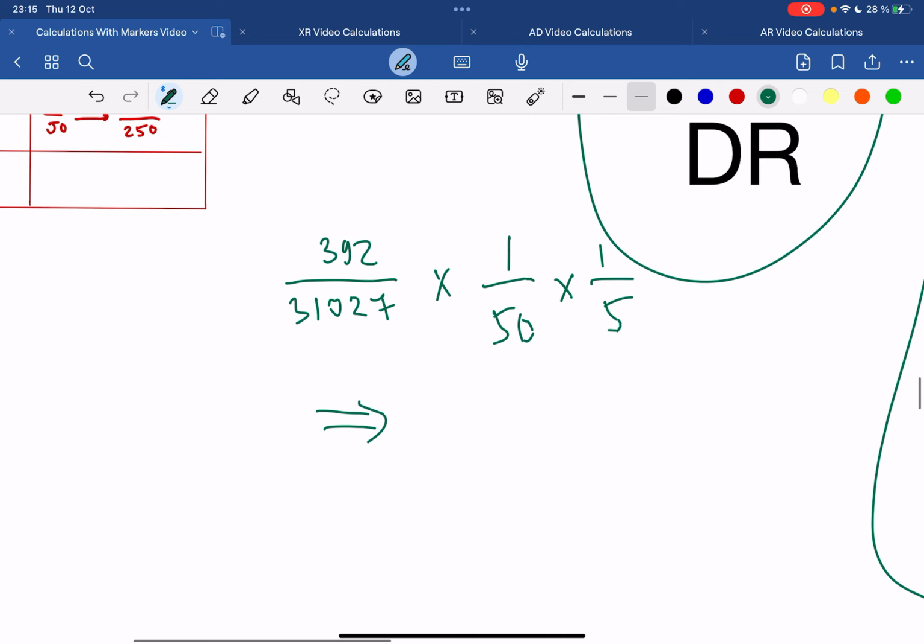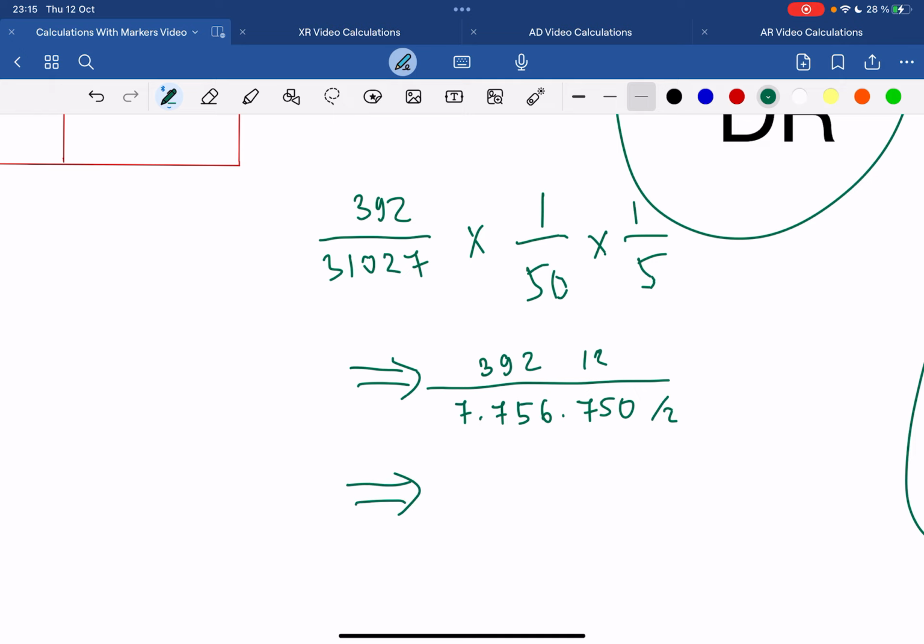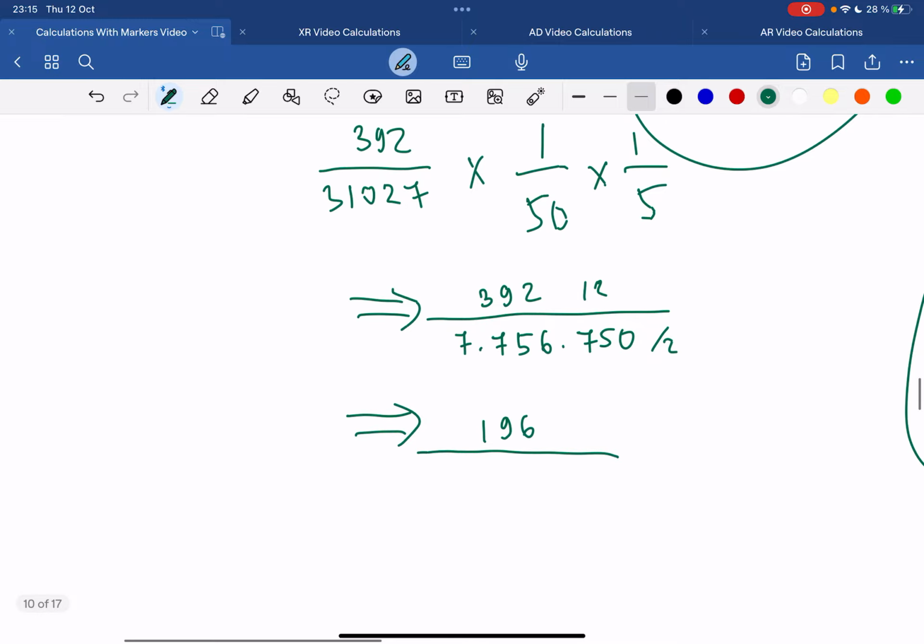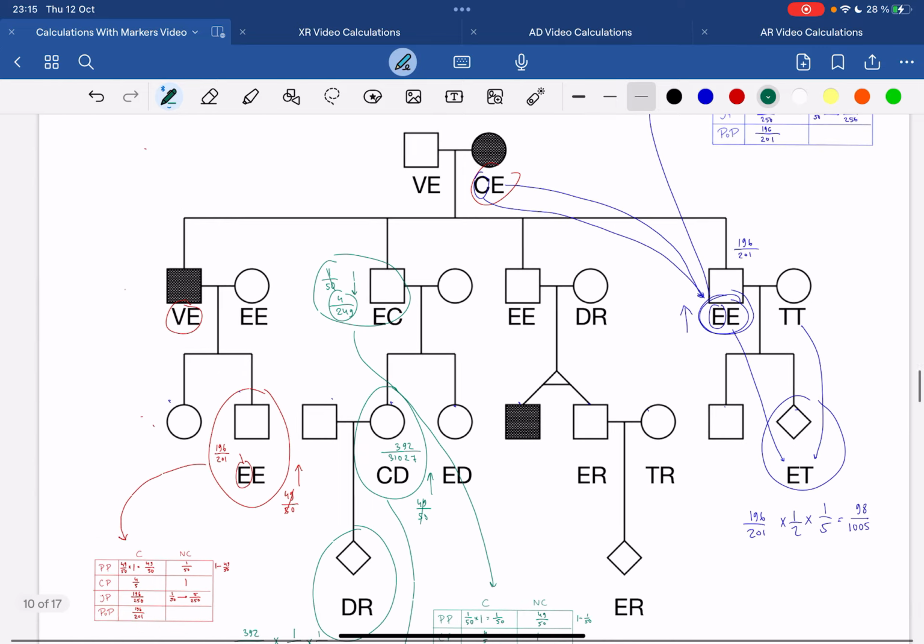And this is equal to 392 over, this is going to be a long number, guys, 7,756,750, which we can simplify by dividing it by 2 and getting 196 over 3,878,375.